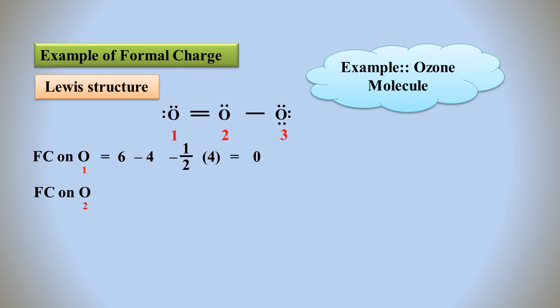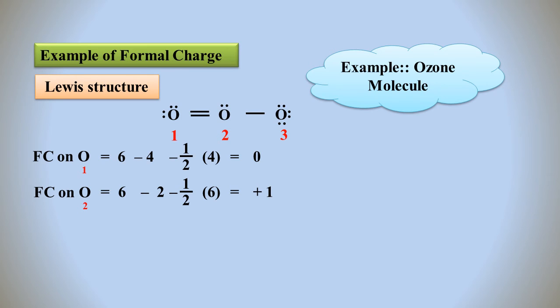The formal charge of it, if we count the electrons here, we have 6, minus unpaired electrons, 2, minus half the bonded electrons, 6, which is 3. So 6 minus 2 equals 4, and 4 minus 3 equals plus 1.